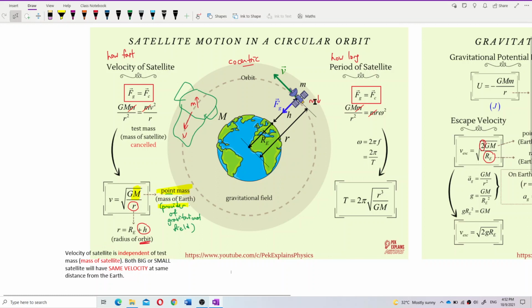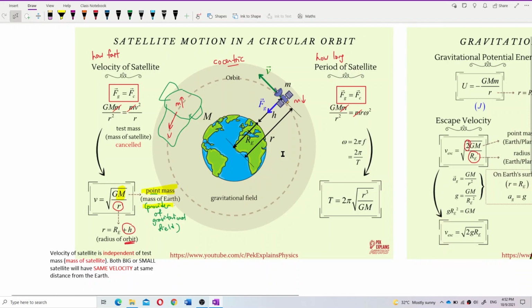So both big and small satellites will have the same velocity. One thing we can say is that for any satellite, maybe this satellite is from Malaysia, our Astro, and this one is from China.